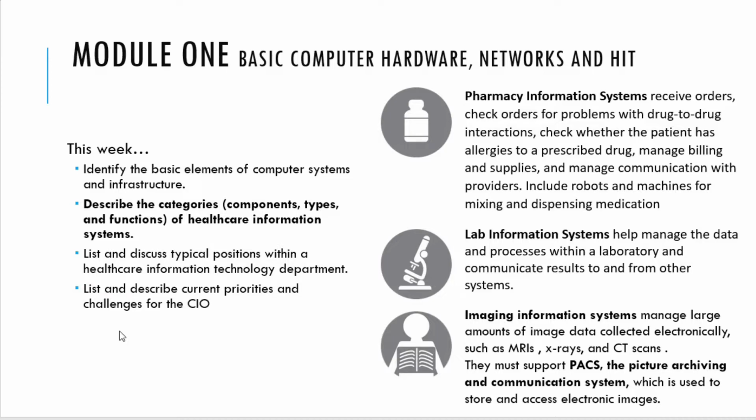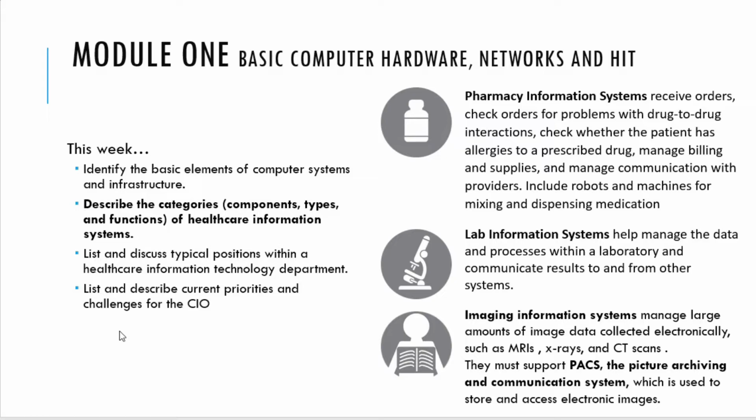We also have pharmacy information systems, and again, we talk about the decision support systems with allergies or contraindications, and certainly weight-based formulations. Then there are the lab information systems, which interact with other systems to allow for transfer of information such as lab results.